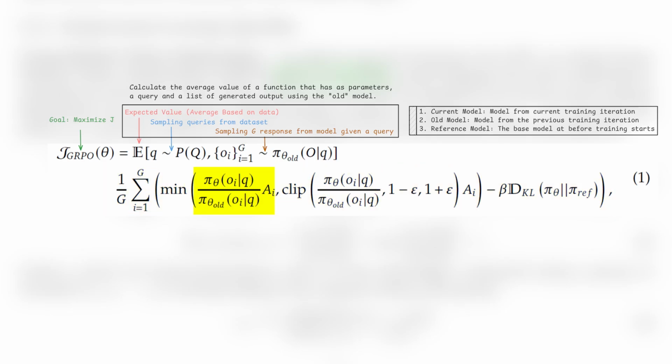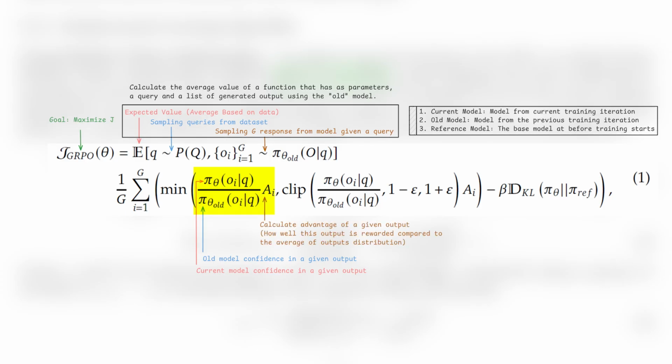Here, we calculate how much the current model is confident in the given output, and then we divide it by how much the old model is confident in the given output. So we're comparing the confidence between the previous iteration and the current iteration of the training, and then we scale it up with the advantage, which is denoted here by A.